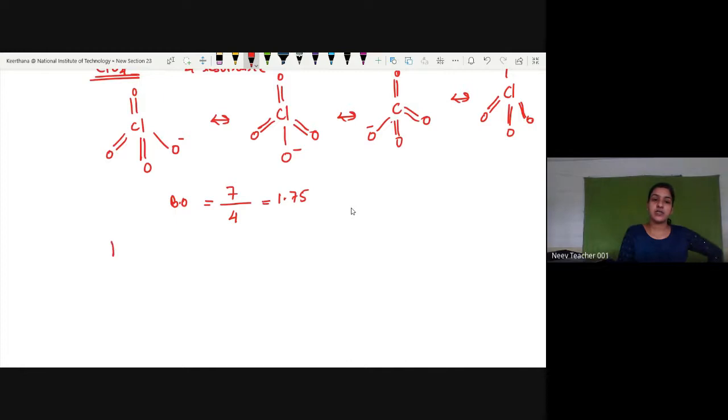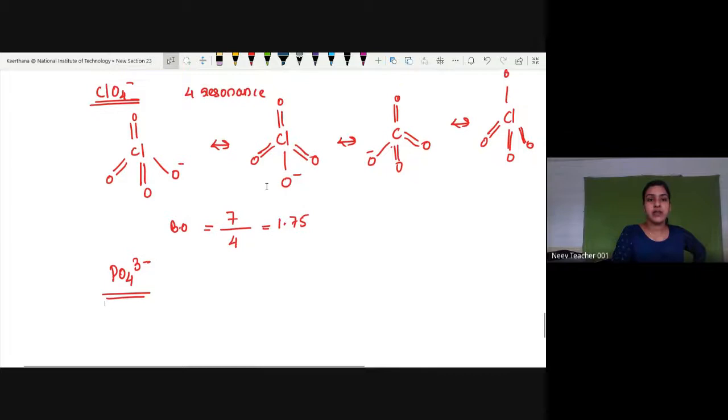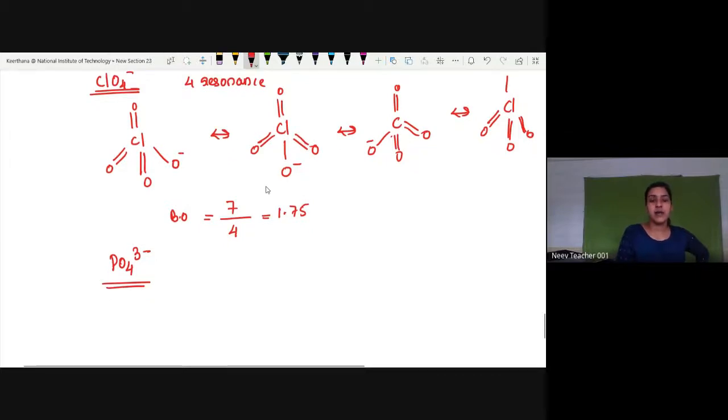So PO4 3 minus, the same will be there. What will be the number of resonance structures? First, you draw one structure, like PO4 3 minus.